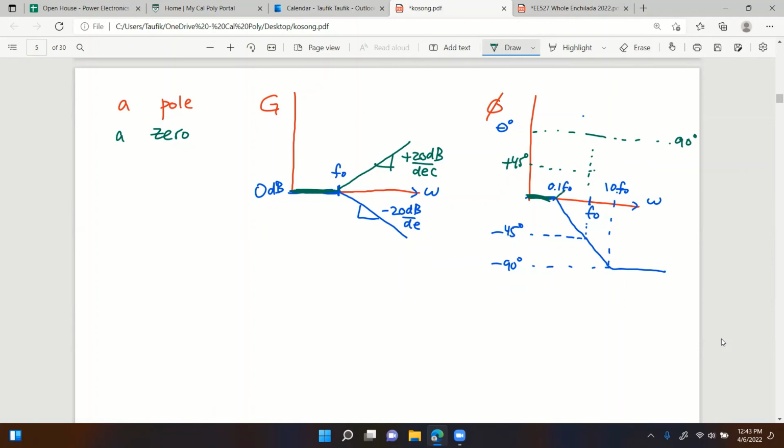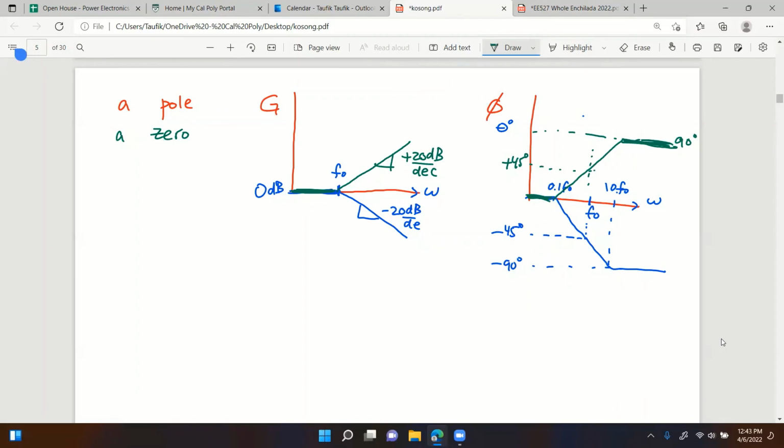So it's going to go something like this. It starts to go up a decade before the zero frequency, and then the slope stops and it goes flat a decade after, just like that, right?